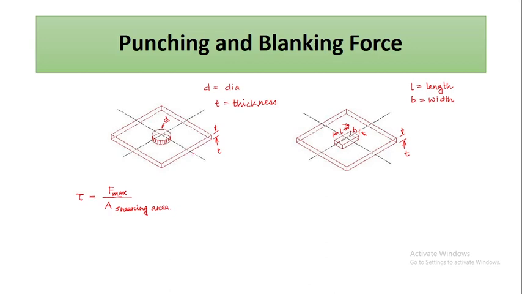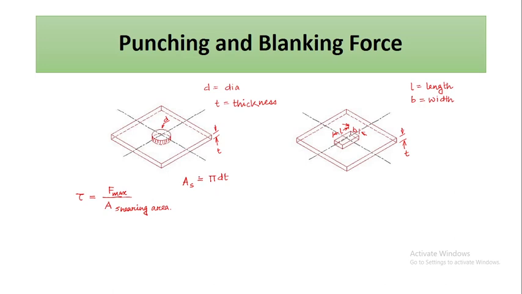In this case, the shearing area can be written as pi into d into the thickness t, that is, pi d t. This is the area which is getting sheared.